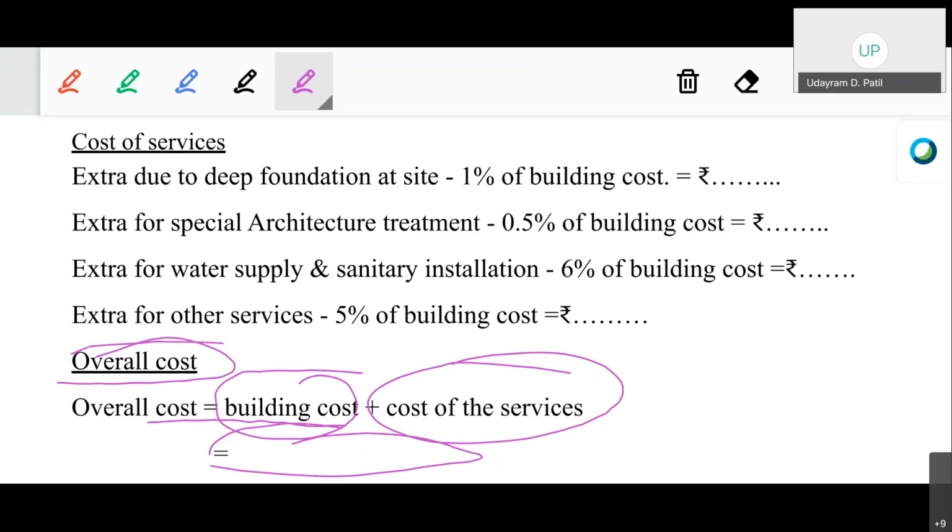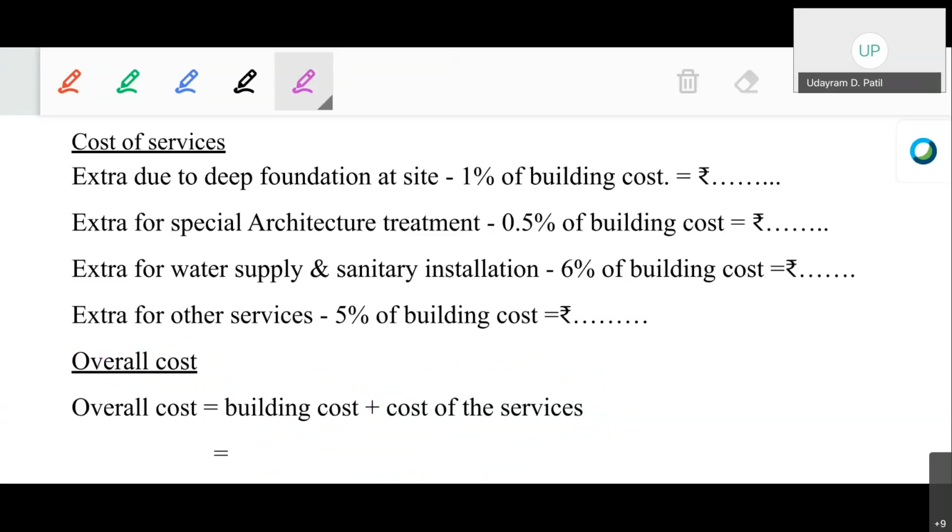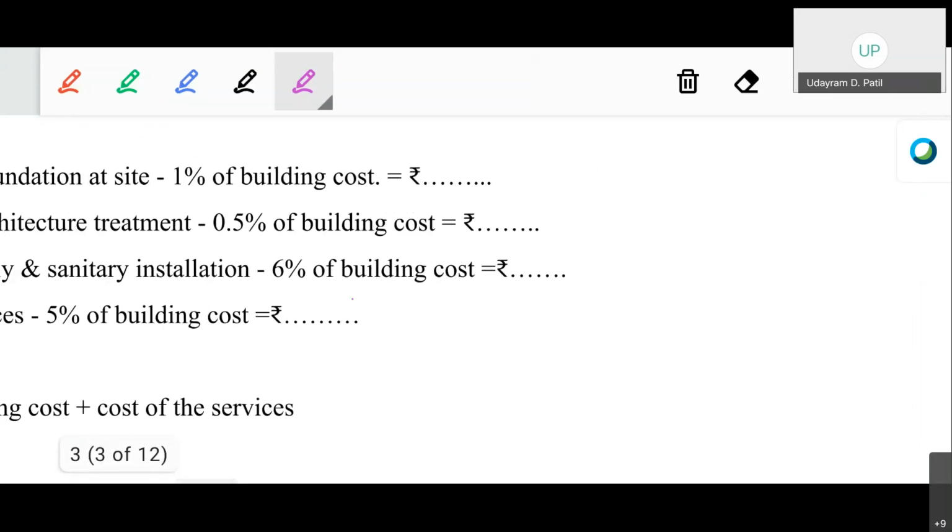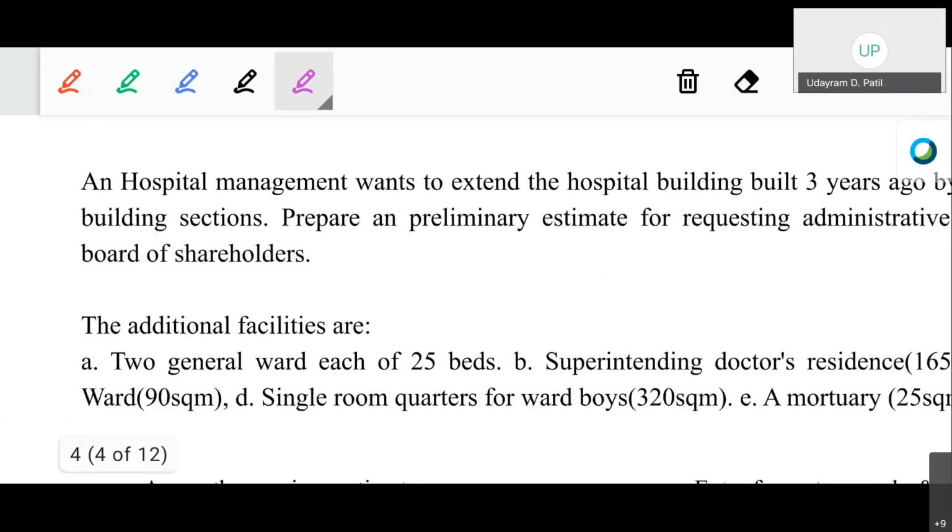Calculate the overall cost. Okay, the cost is 48 lakh 46,892.62 rupees.